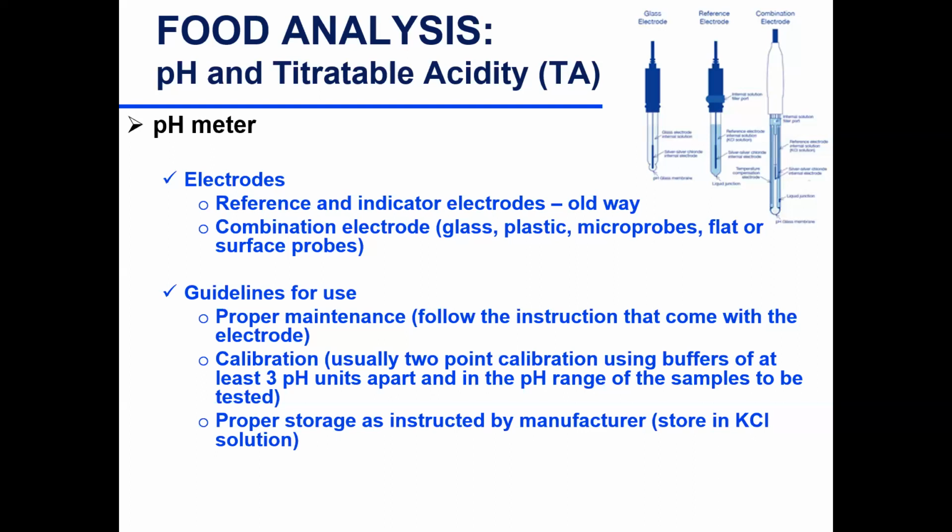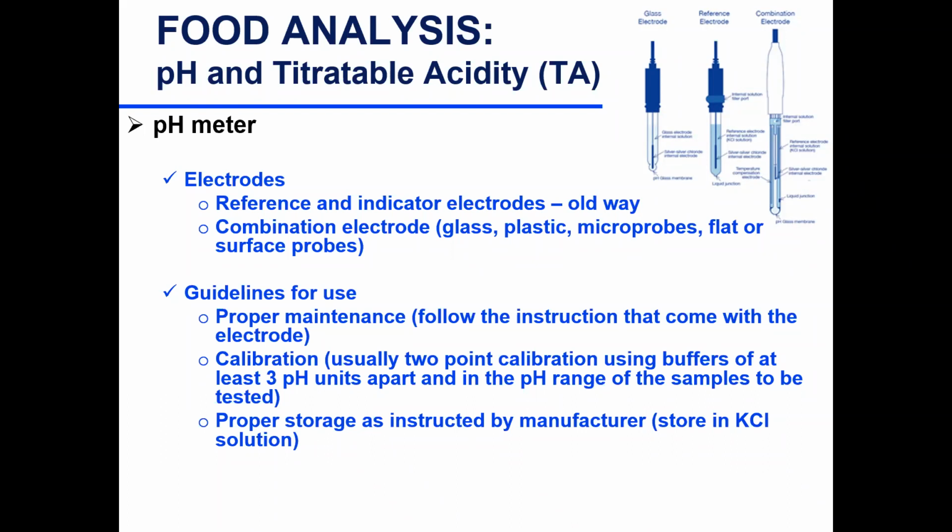Proper maintenance, meaning you just follow the instructions. You clean the electrode. If you are measuring the pH of a solution that's high in protein, you make sure that there is no protein residue on the outside of the electrode. So oftentimes we immerse it in a pepsin solution, where you have an enzyme that can break down the protein accumulating on the electrode.